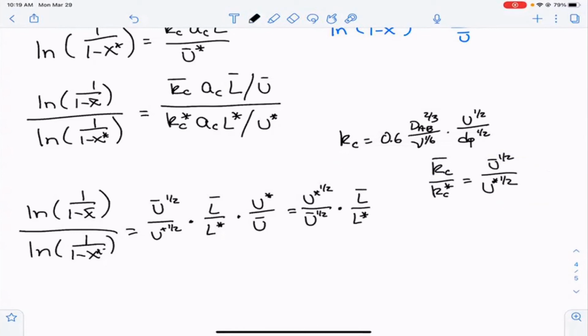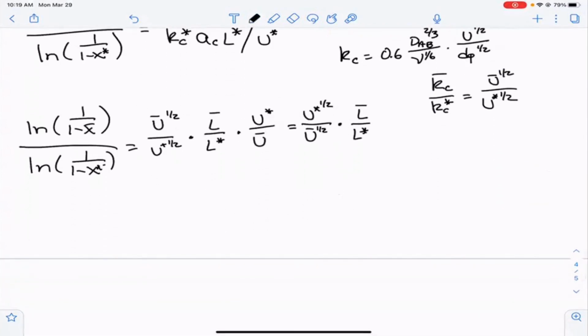So what does that mean? Well, if we broke things up into multiple, or N, parallel tubes, what this really is equal to is U star over U bar to the 1/2 times the length over L star.